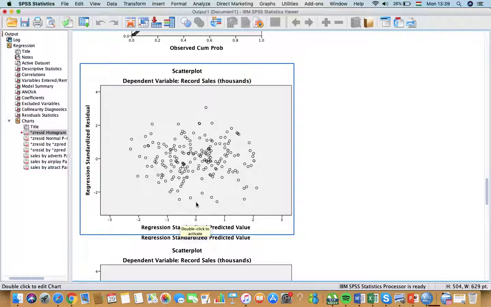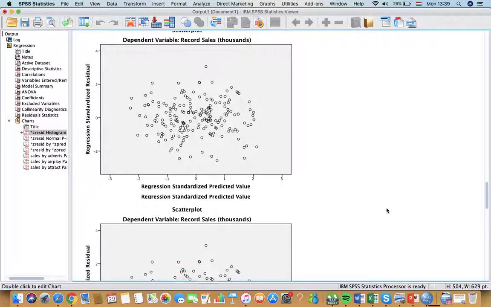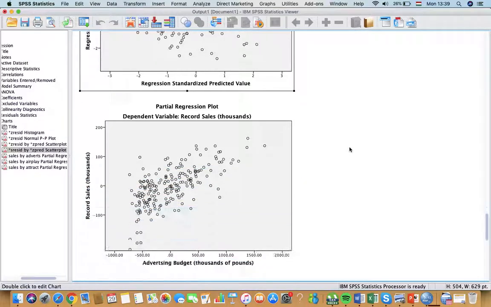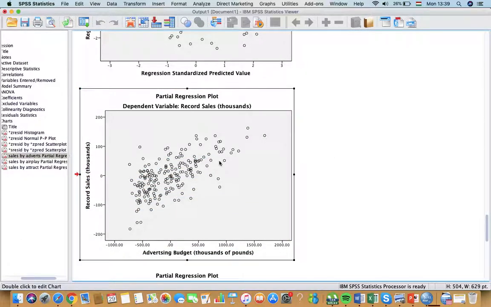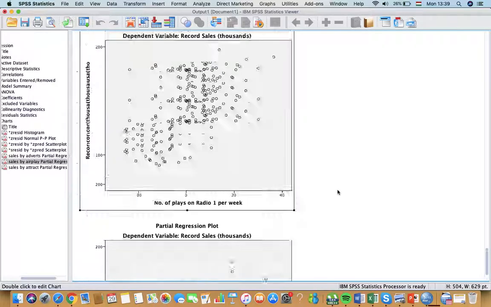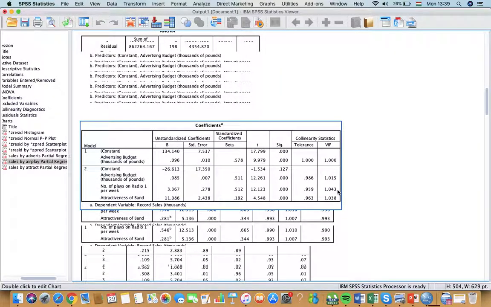So you have 0 here, and these are dispersed around 0. They shouldn't take any kind of linear form, right? Same here. So we can also say that the assumption of homoscedasticity is met.